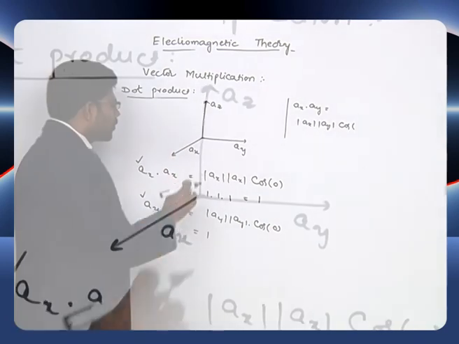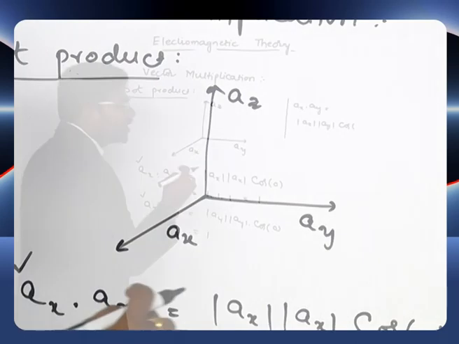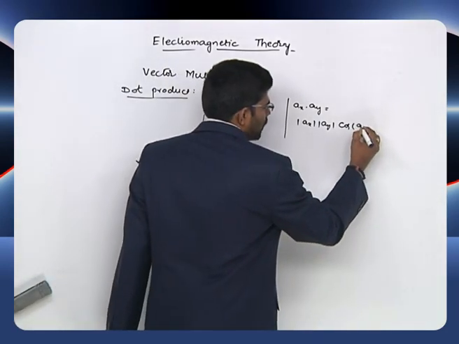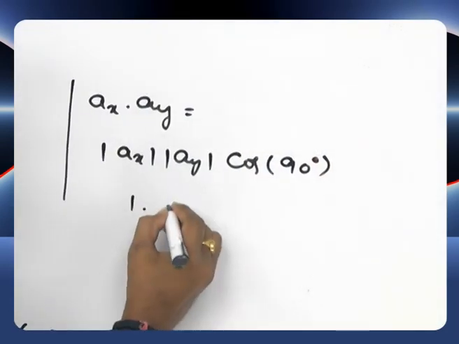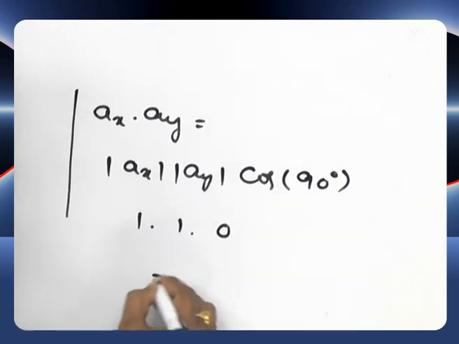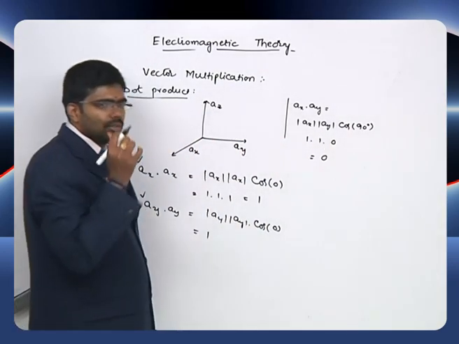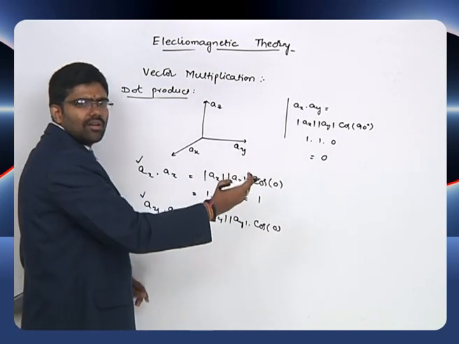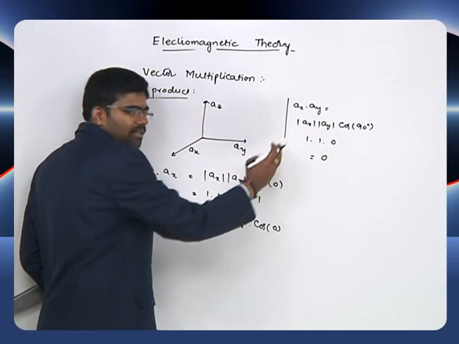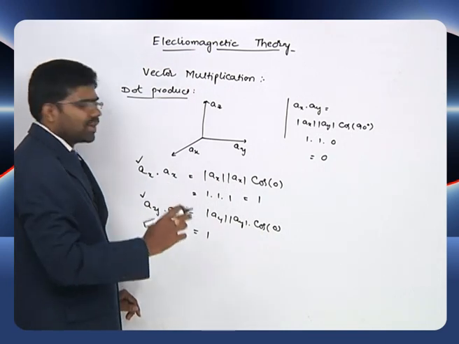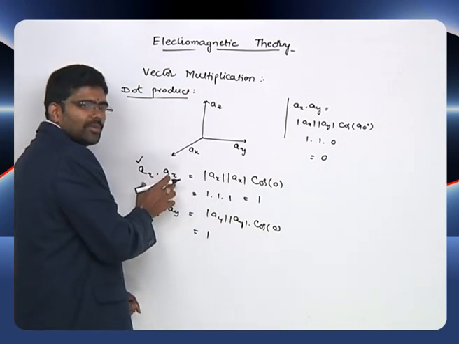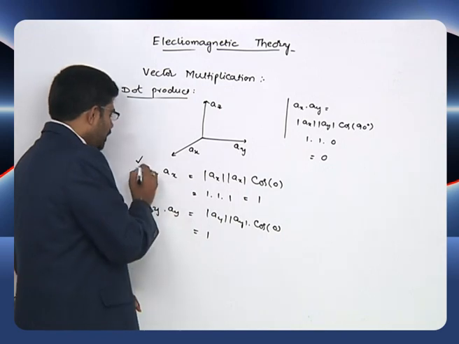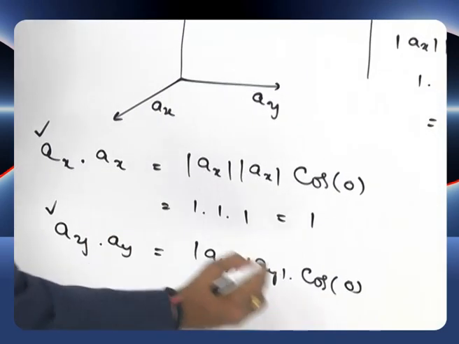Since it is orthogonal, the angle between x and y is always 90 degrees. So, it is 1 into 1 into cos 90, which is 0, so simply the answer is 0. I am not taking the remaining combinations, but if we take all the remaining combinations, obviously you will get 0. So the general statement for the dot product of our unit vectors is this: if you take a similar unit vector, then we will get 1.